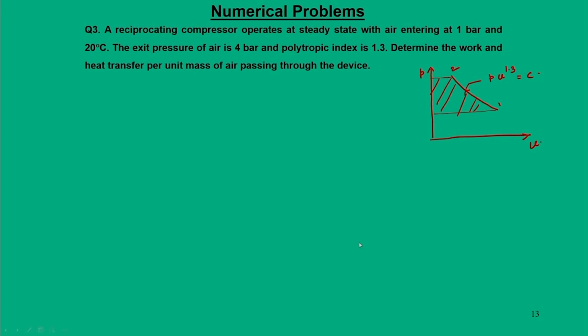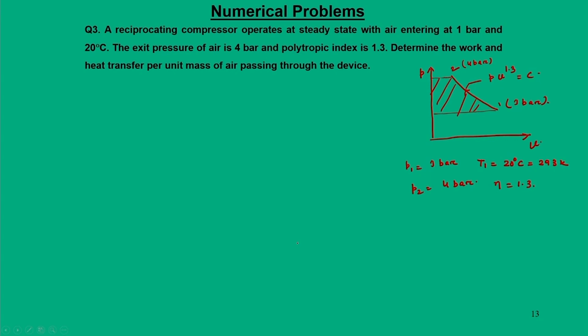Pressure at this point 2 is 4 bar, initial pressure is 1 bar. So, we have P1 1 bar, T1 20 degree centigrade or 293 Kelvin, P2 is 4 bar and your polytropic index is 1.3.